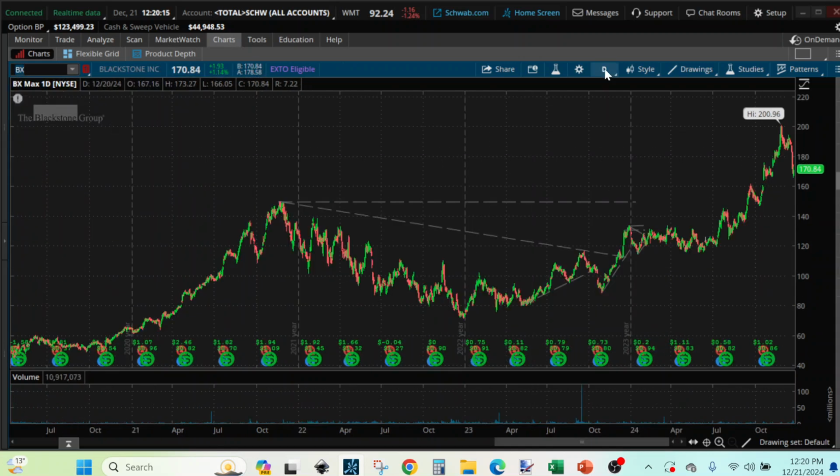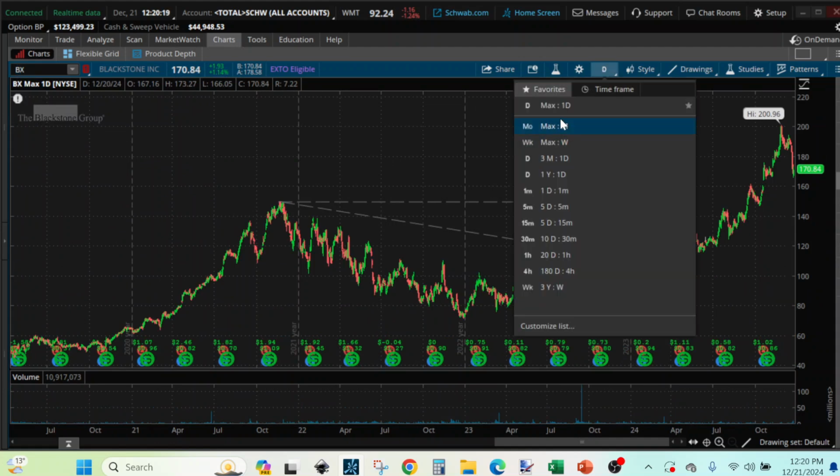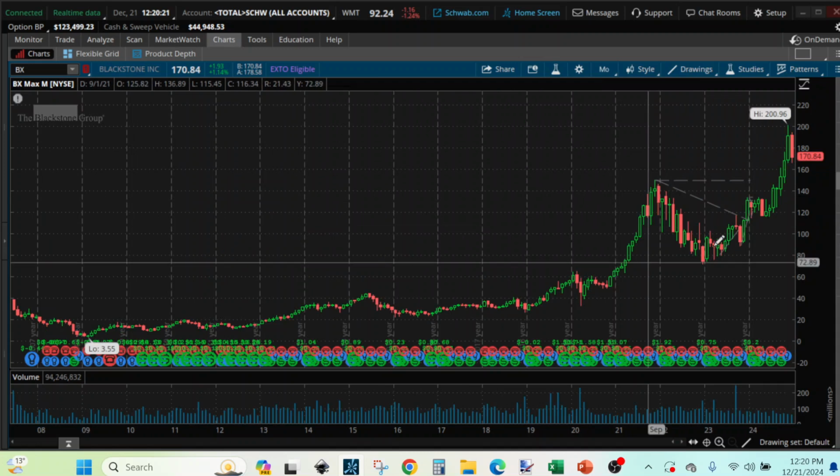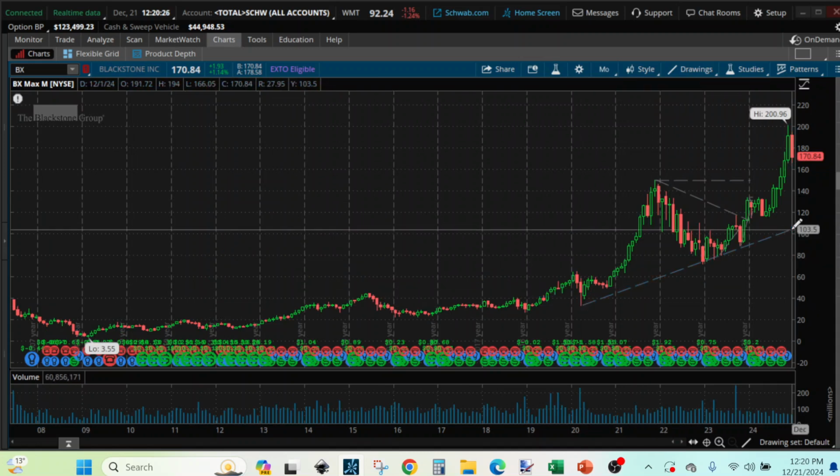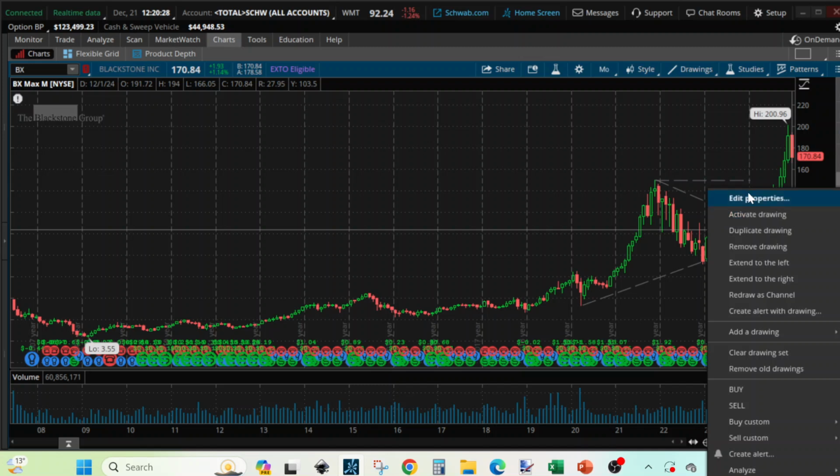So BX, maximum monthly chart, and that is the line.